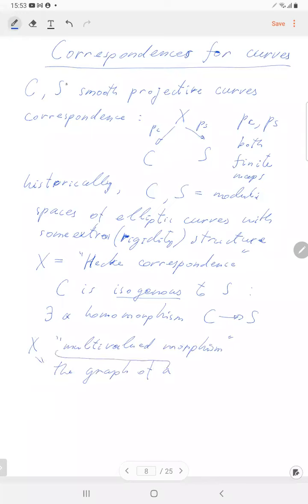If the projection from X to C, for example, is a one-to-one isomorphism, then certainly X is the graph of some morphism induced from C to S, or vice versa. But in general, if the degree of PC is bigger than 1 and the degree of PS is also bigger than 1, then roughly speaking, X is the graph of a multi-valued morphism.